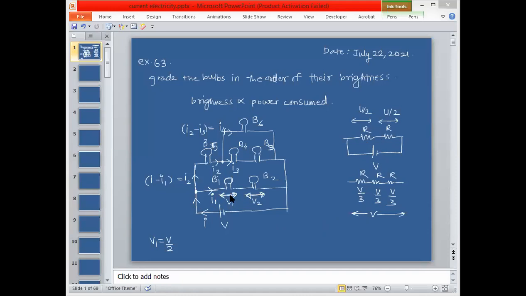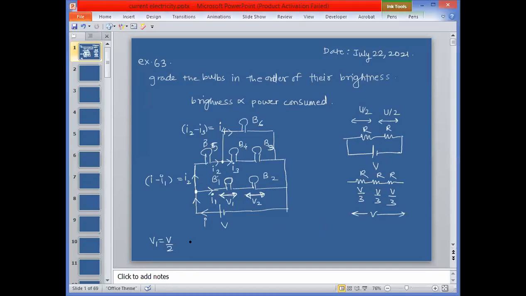Fine. So now I am saying this resistance has voltage V1 equal to V by 2. The second resistance has voltage V2 equal to V by 2. Now I can find out power consumed by the first bulb by using the formula V square upon R: V1 square upon R1, V2 square upon R2. But all the resistances are equal.